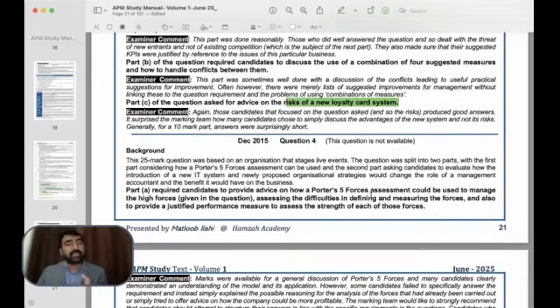Whatever you will write, it must be context focused. Context. This is the word that you need to memorize now, that your answer should be context based. It should not be simple theory. Okay? Context based recommendation.